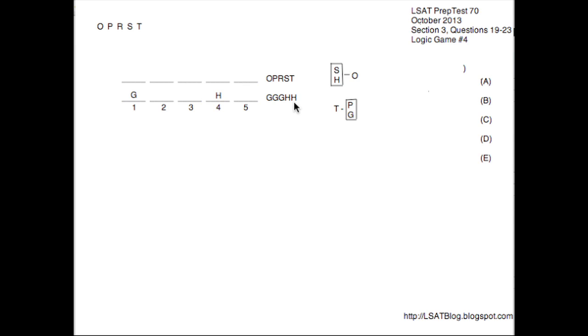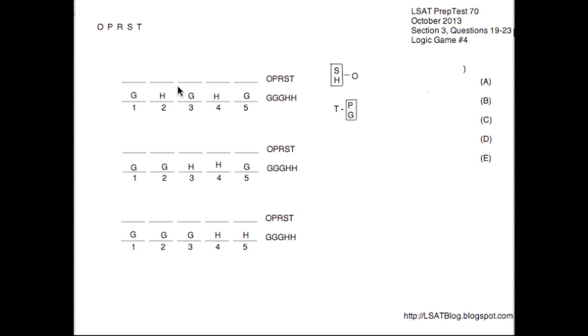So we can allocate that H into one of the 3 remaining spaces, either 2, 3, or 5, and then the other 2 G's will go wherever that H does not go. So here are those 3 different diagrams: H on 2, H on 3, and then H on 5. The remaining G's fall into place wherever that additional H did not go.